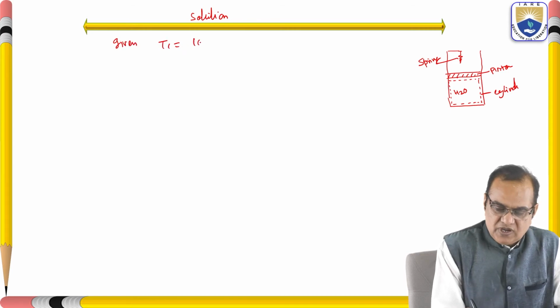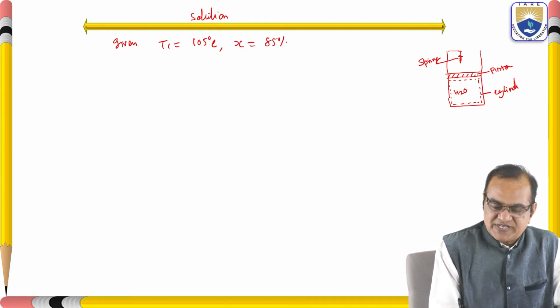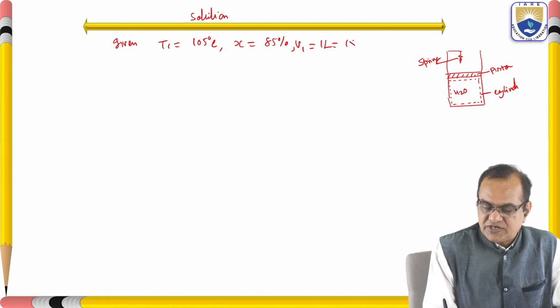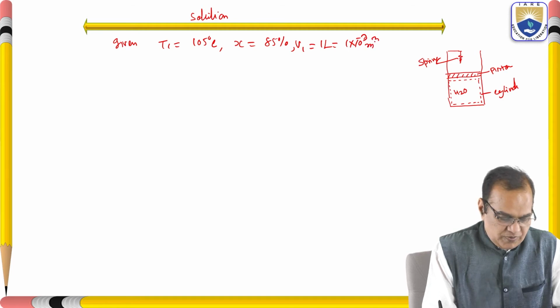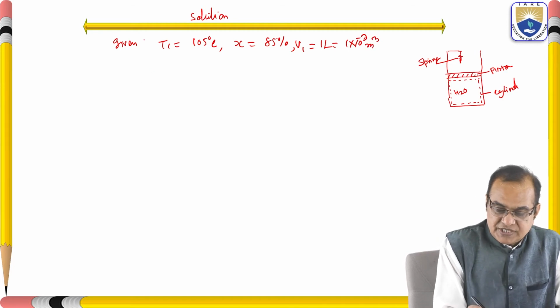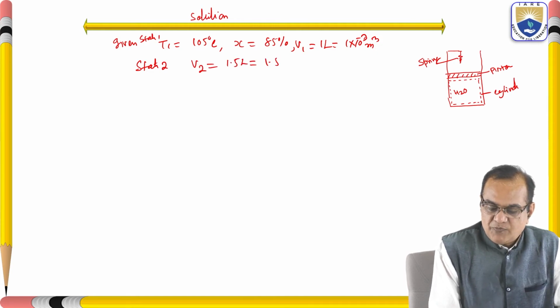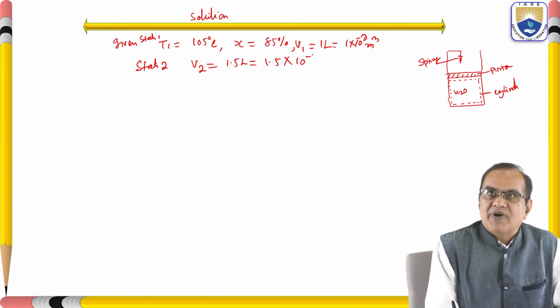So here it is given T1 is equal to 105 degrees centigrade, quality X is equal to 85%, volume V1 is equal to 1 liter, 1 into 10 to the power minus 3 meter cube. This is state 1. For state 2, we have V2 is equal to 1.5 liter, 1.5 into 10 to the power minus 3 meter cube.